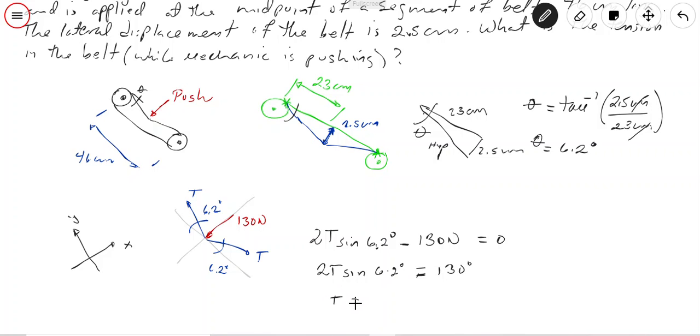So T, in newtons, is 130 newtons divided by 2 sine of 6.2 degrees. And 130 newtons divided by 2 sine of 6.2 degrees would be approximately 602 newtons.